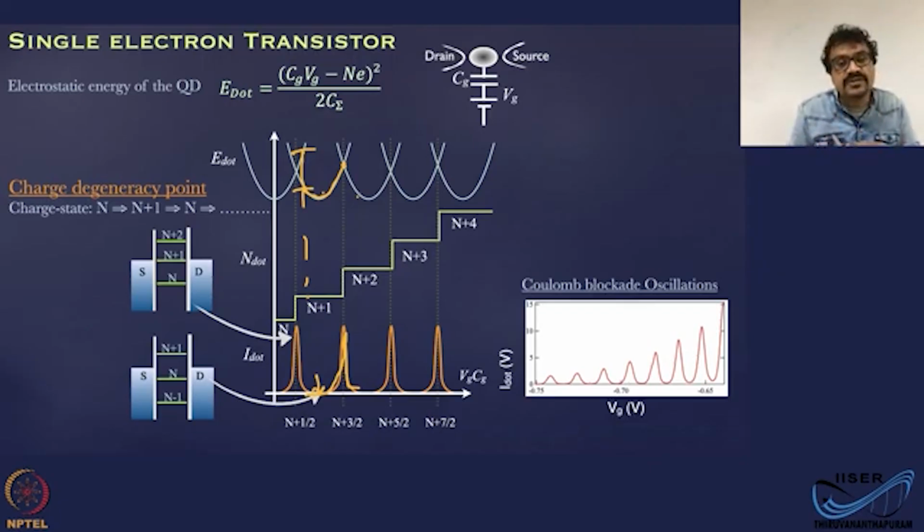If you have higher temperature, then the states can get broadened. The source and drain can get broadened, so you don't have this sharp cutoff like what I have drawn here. So you'll have a distribution. So you'll have states here also, which are filled and can populate nearby states. So all those effects will play. But this is assuming that the source and drain Fermi level distributions are sharp, and the levels inside the dot are also sharp.